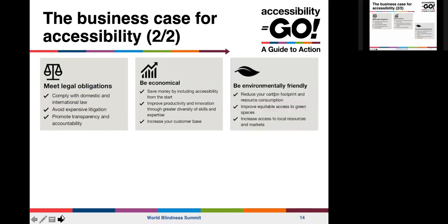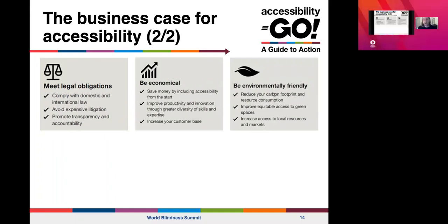And for some organizations, it will also help you to increase the customer base and also how you work on innovation. Thirdly, it will support you to become more environmentally friendly. By making accessibility considerations in any organization, we can help make our operations more sustainable and environmentally friendly, as retrofitting or the previously mentioned corrective measures later on will also consume a lot of resources.